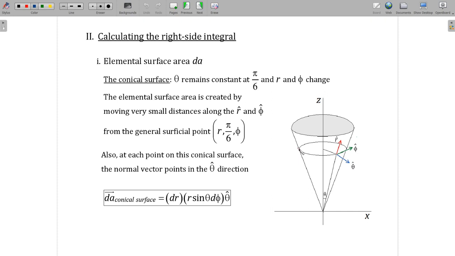Now if, with that variation of phi, I superimpose the variation in r from 0 to capital R, I get a collection of circles. When r is fixed and phi is changed, I get a single circle. But when r is also varied, I get a collection of circles, and the collection of circles together spans the entire conical surface.